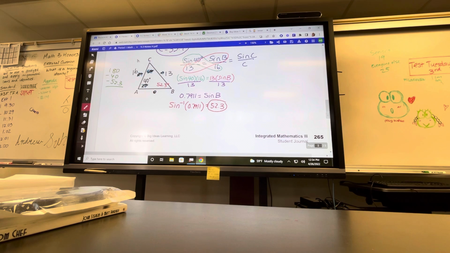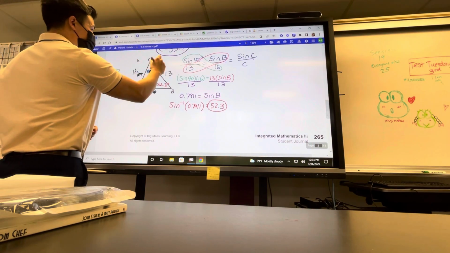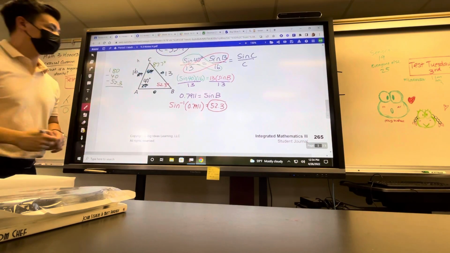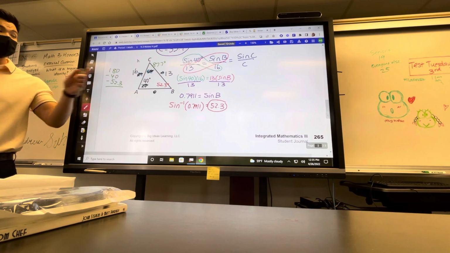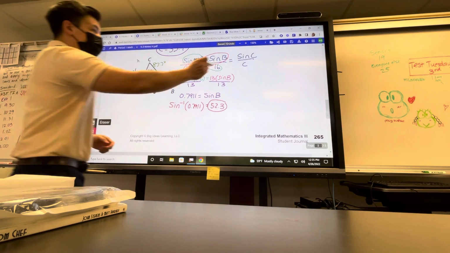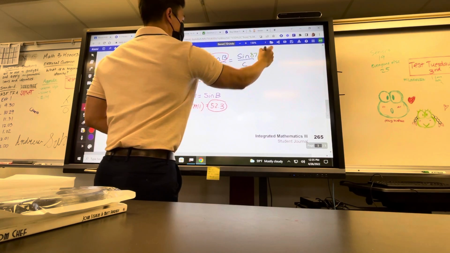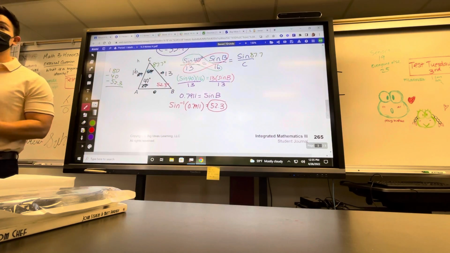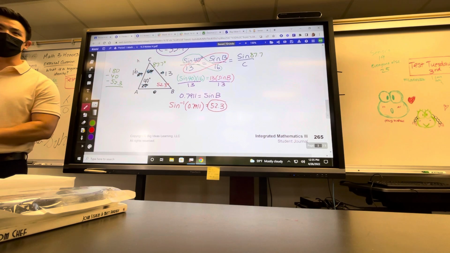Okay. So now that we have angle c, we can replace this one with 87.7. And now solving for little c should be pretty easy. So go ahead and solve for little c on your own now.